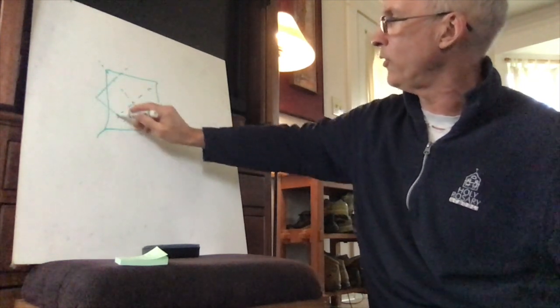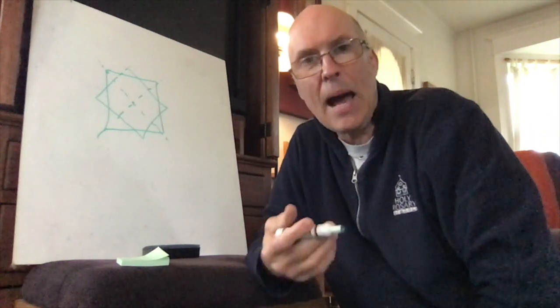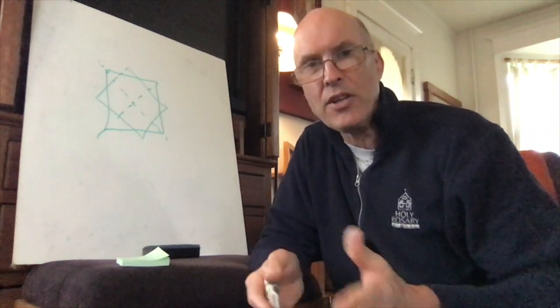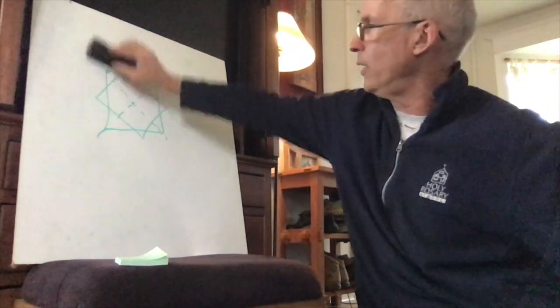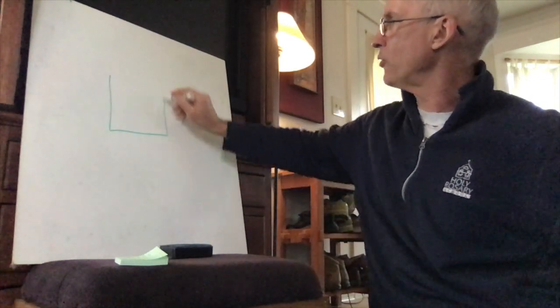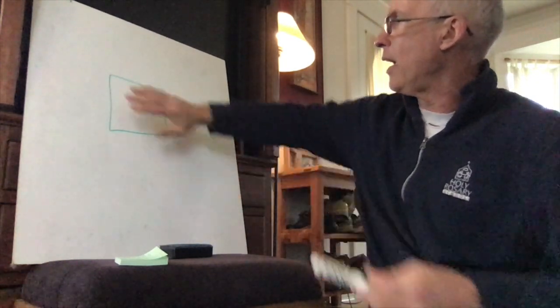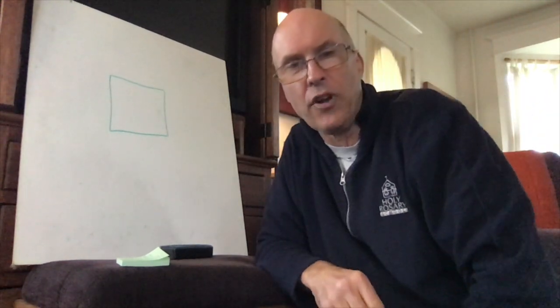Does this make sense? That has not mapped onto itself yet, so I need to rotate it further. If I rotate it 90 degrees, do you see it's going to match up with itself again?